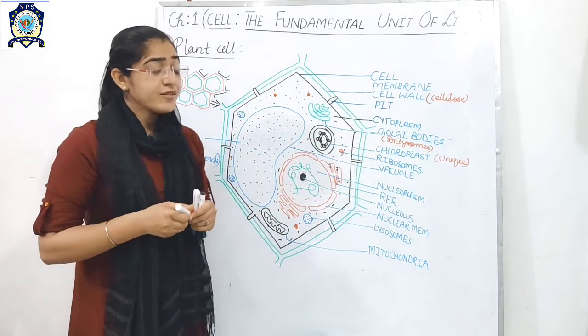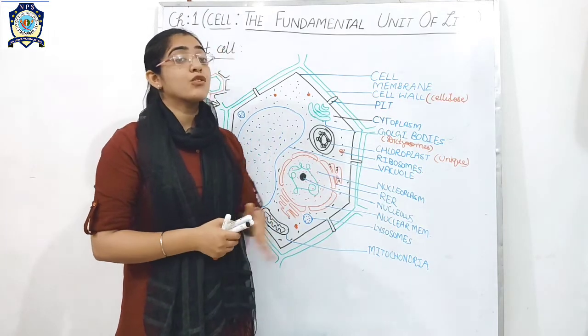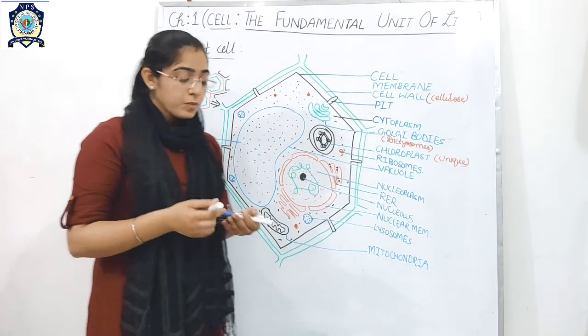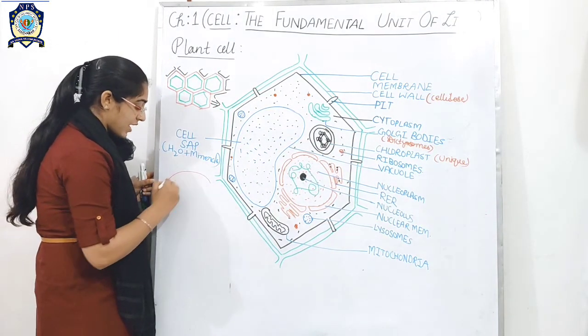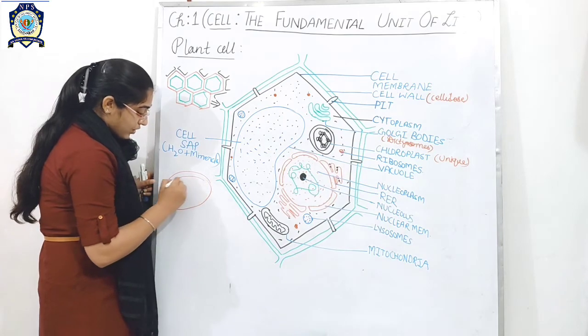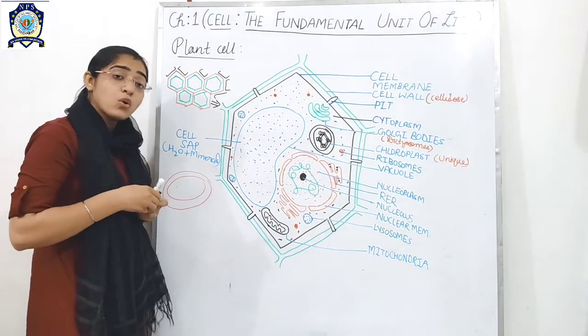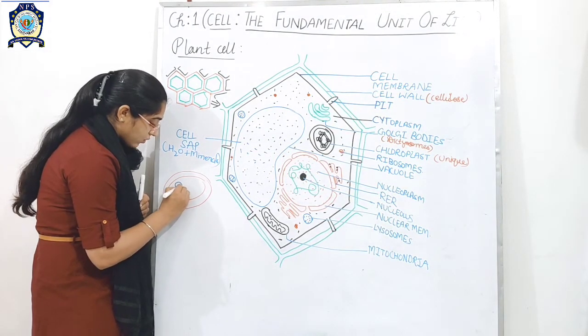So keep in mind once again, whenever we will discuss the difference, you have to keep in mind this difference, that chloroplast is present, as we have studied the structure of the chloroplast. So this is the structure of a chloroplast, and there is some coin like structure, and that coin is called the thylakoid.